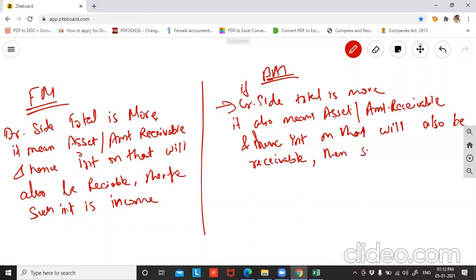Therefore, such interest is treated as income. Guys, in backward method, if credit is more, it is asset. In forward method, if debit is more, asset. For liability, it will be opposite.